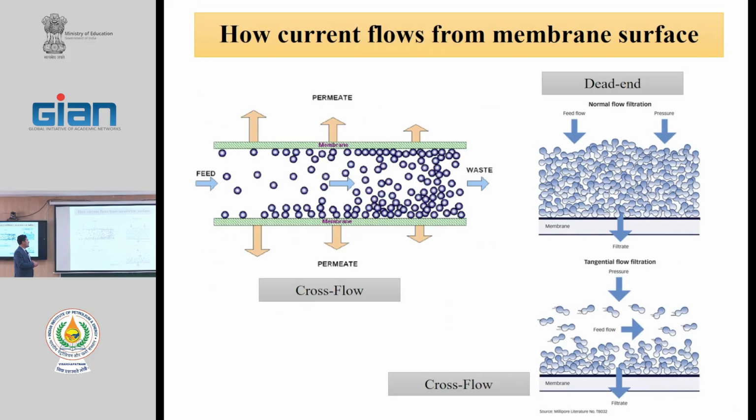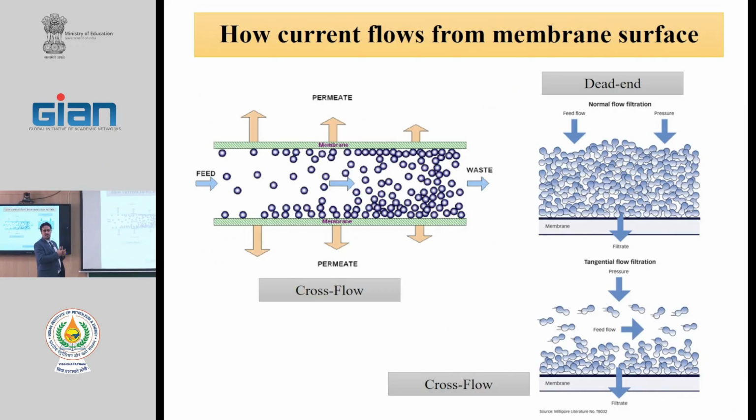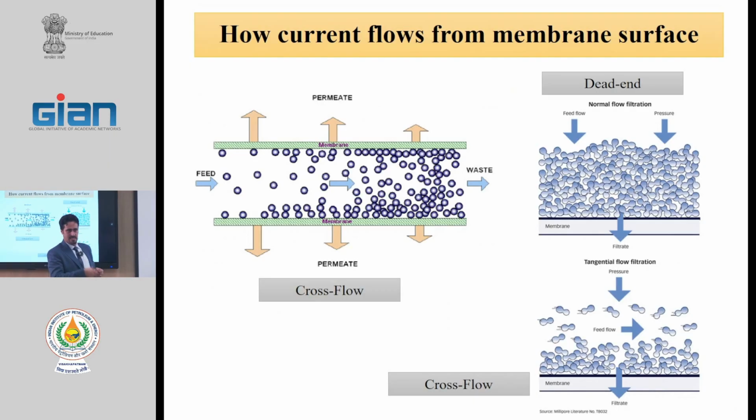Therefore, in cross flow, the fouling is lower than in the dead-end method. In industry, in most cases, we use cross flow for reducing fouling, but in some gas separation we have dead end, or in a syringe filter used in medicine for separating some things from the blood. We use the microfiltration membrane as a dead-end method.